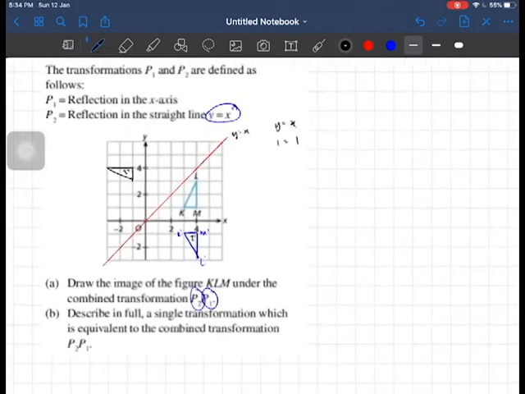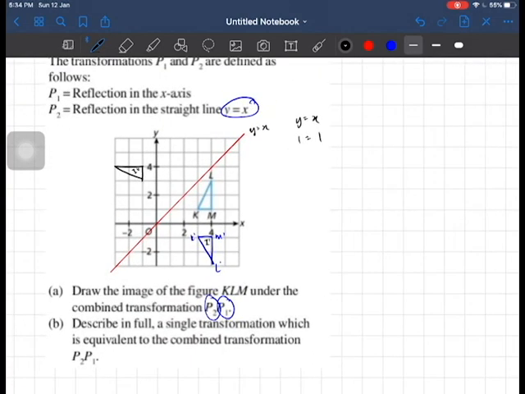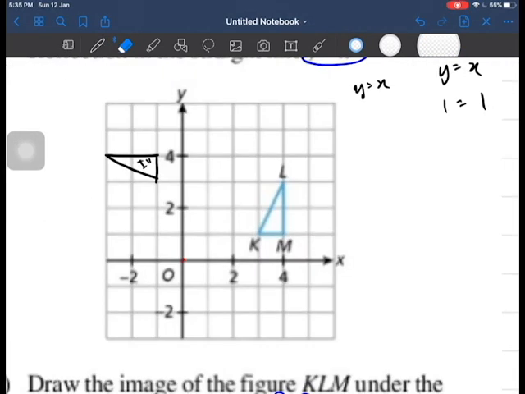They want us to describe fully the whole combined transformation. So we remove all this. Right now they want to know from here to here, what's the transformation?